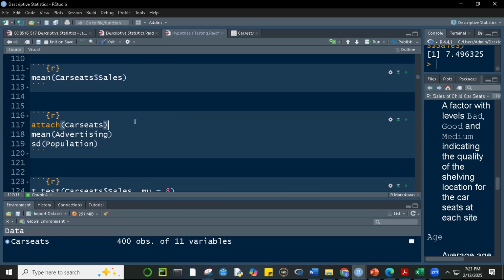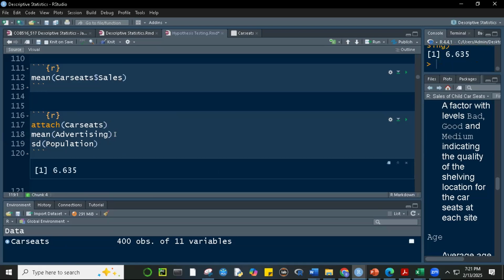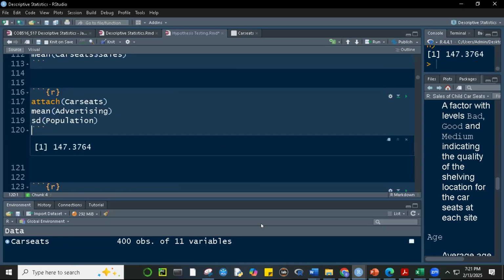Let's run this first, car seats, there. And then I get the mean of advertising. Okay, so it's 6.63. And I get the standard deviation of the population. It's 147.3764. So without using car seats, we were able to get the mean and the standard deviation.